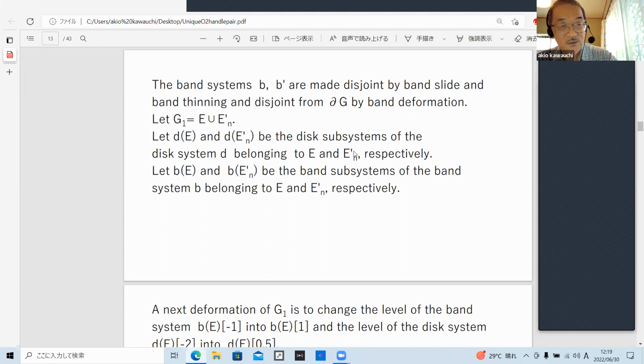Considering G1 of such a normal form, restrict to E: the disk is D E, and restricted to the disk system E dash N it is D cap D E dash N. Also bands appear, coming from E is B E and coming from E dash N is B E dash N. It's a band system.